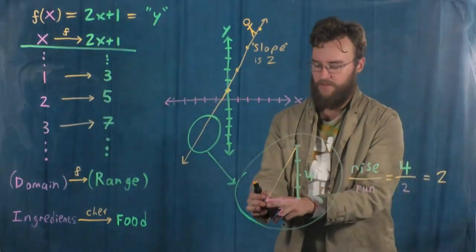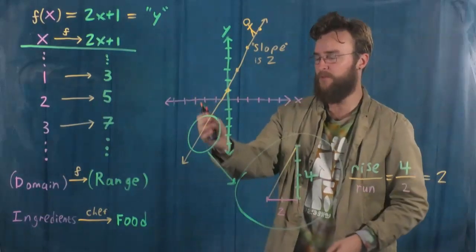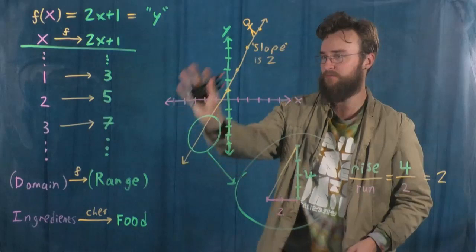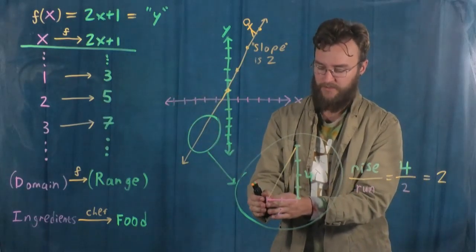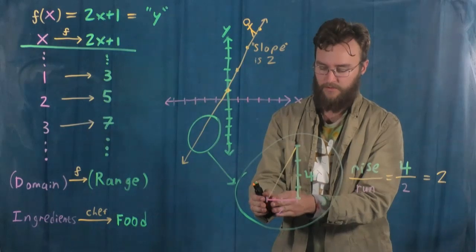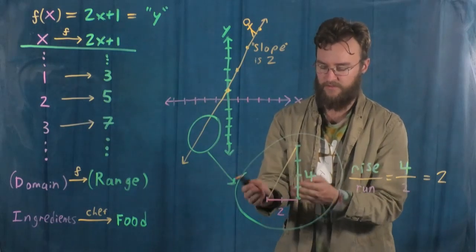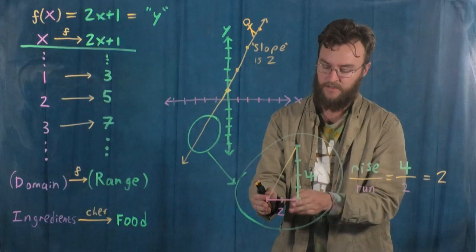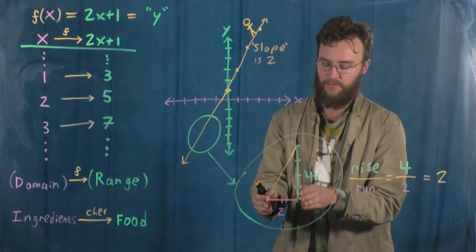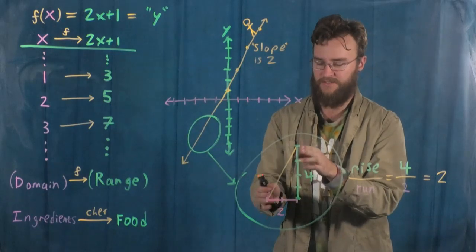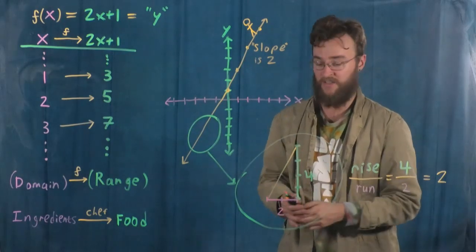Imagine we're maybe a little ant sitting on this flat surface. If we scuttle along 2 units, let's just say this is an inch, 2 inches to the right, how far would we have to scuttle upwards to get back to the slope we were on?